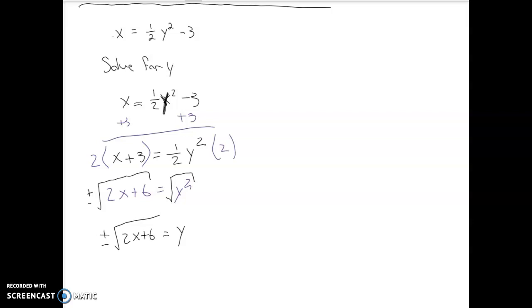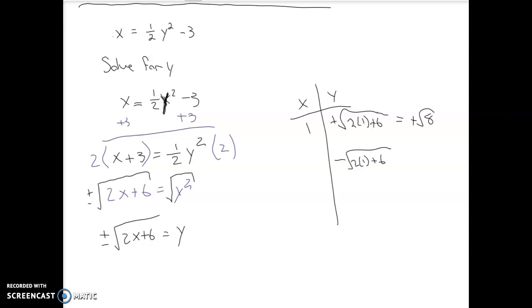What does that mean? Well, if I put in particular values for x, there are 2 different y values I could get out. Say I put in 1. I could get out positive the square root of 2 times 1 plus 6, or negative the square root of 2 times 1 plus 6. So that's positive root 8 or negative root 8.